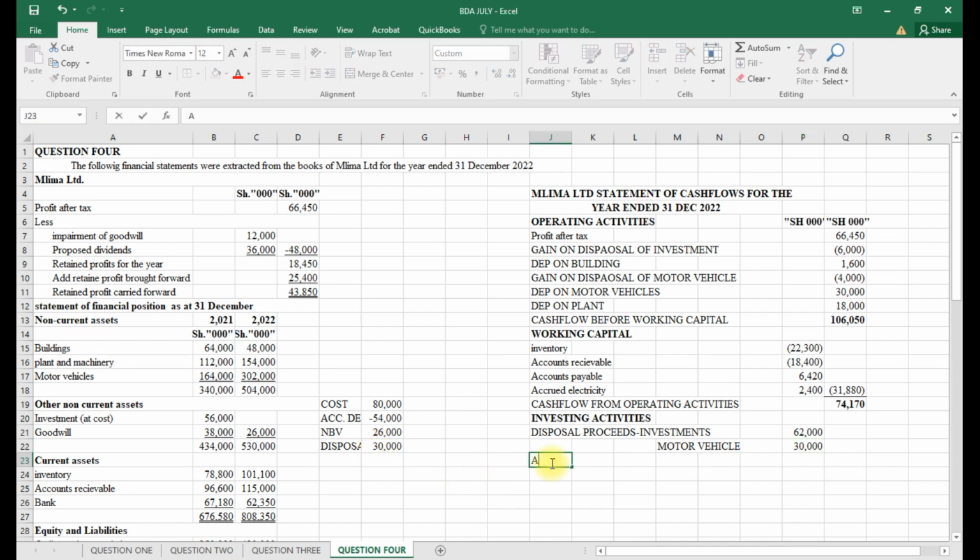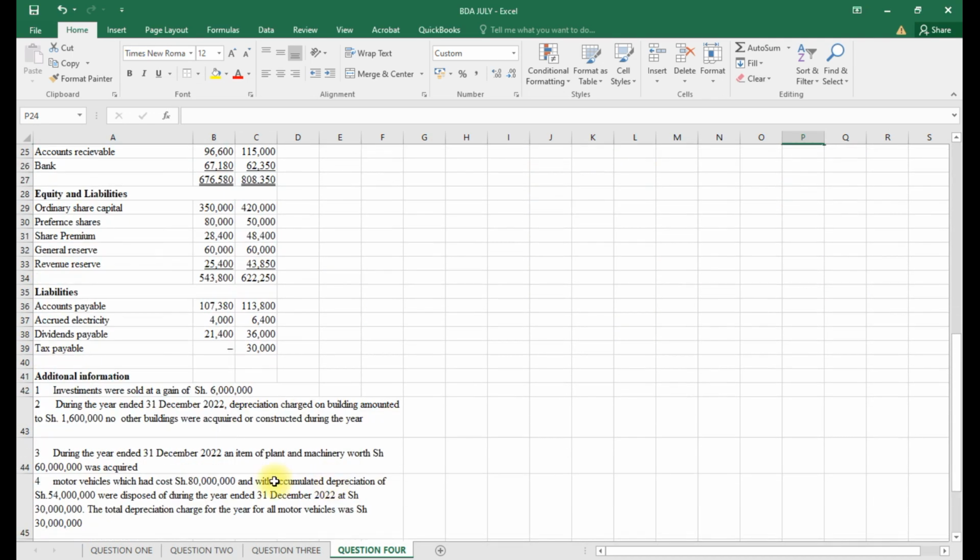And then we acquired, acquisition of plant. Plant we acquired it for 60,000. 60. We've been told here in note 3, during the year ended 1st December, an item of plant and machinery worth 60 million was acquired. So there was an acquisition there.